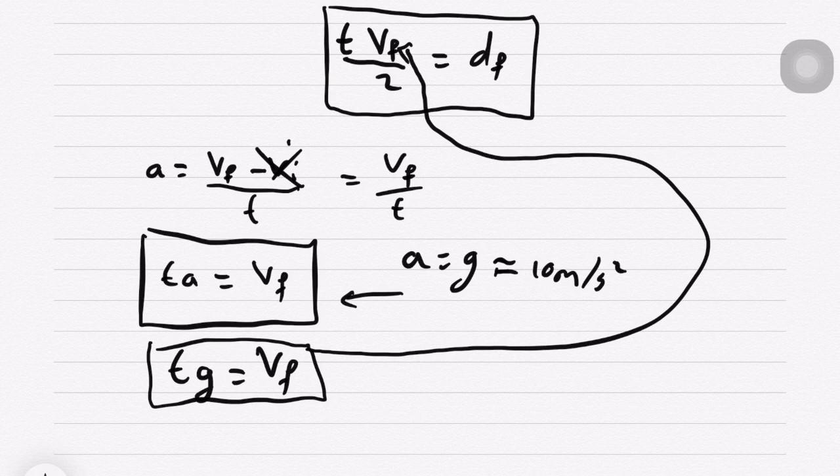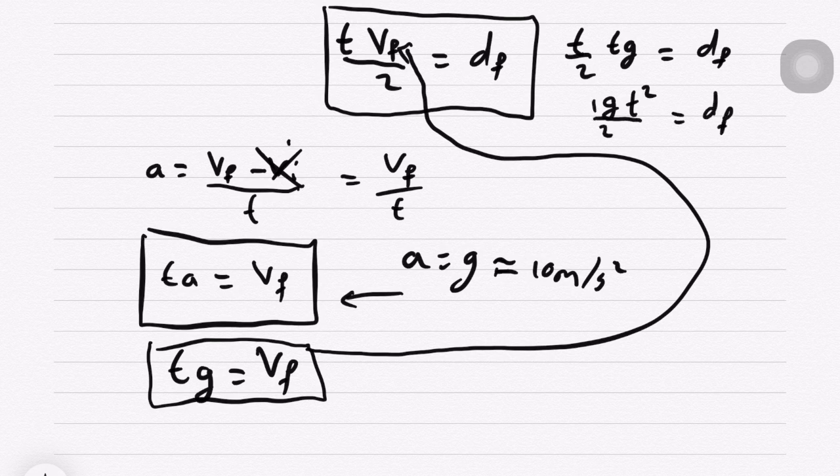I'm going to copy the same equation down: t over 2, and VF is nothing more than tg, equal to df. So there you go. If you clean this equation up, it becomes g, t times t is t squared, over 2, so that's the same thing as 1/2. That's df, and that's the equation that we will be using a lot when we have an object dropping from rest.